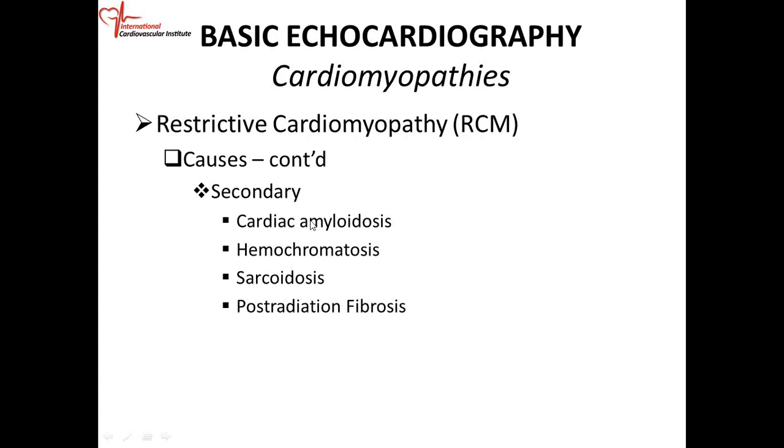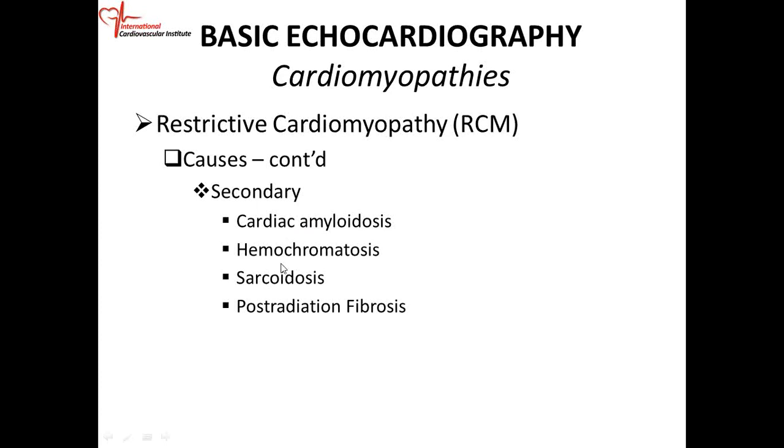So you have amyloid elsewhere in the body, and then it infiltrates the heart muscle, causes the heart muscle to be rigid. Hemochromatosis, which is iron overload. So iron overload can weaken the heart muscle, give rise to a dilated cardiomyopathy, or it may infiltrate the heart muscle, giving rise to a restrictive cardiomyopathy.